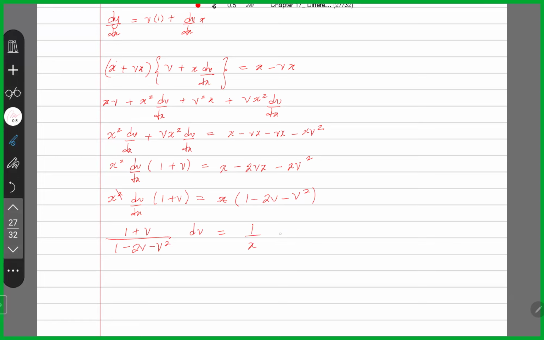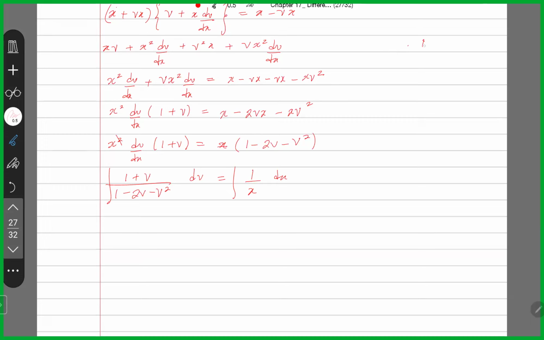All right, the denominator over here is 1 minus 2v minus v squared. If we differentiate this with respect to v, we're going to get minus 2 minus 2v, which is minus 2 times (1 plus v).